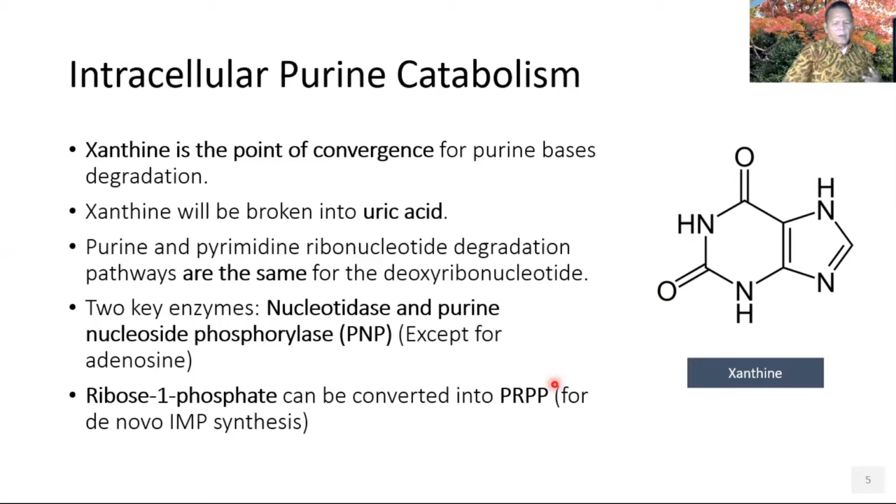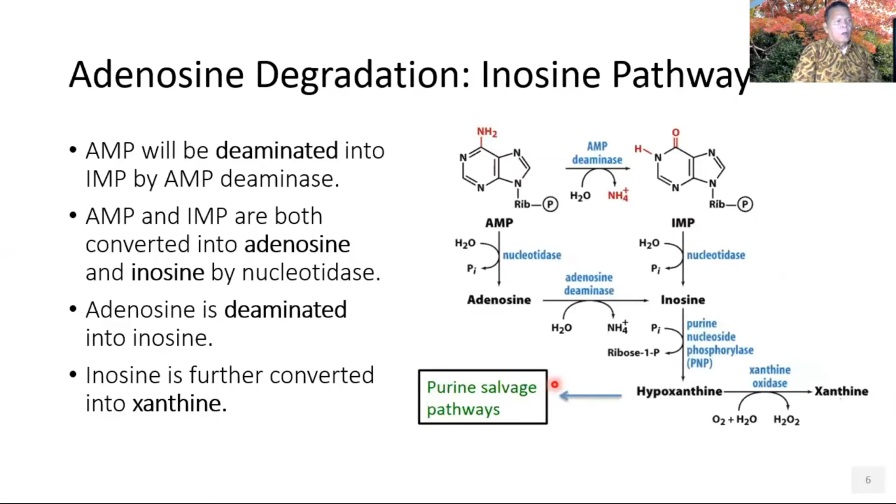Then let's move to adenosine degradation. AMP will be deaminated into IMP by AMP deaminase. IMP and AMP are both converted into inosine and adenosine by nucleotidase.